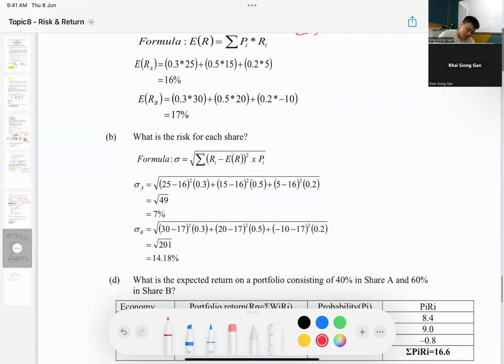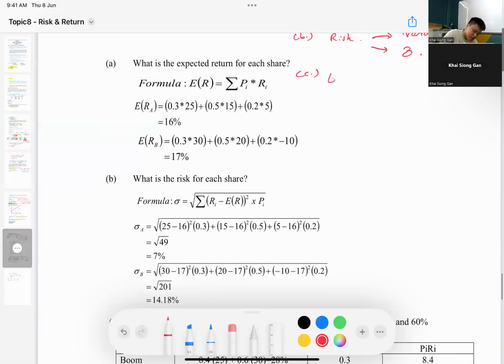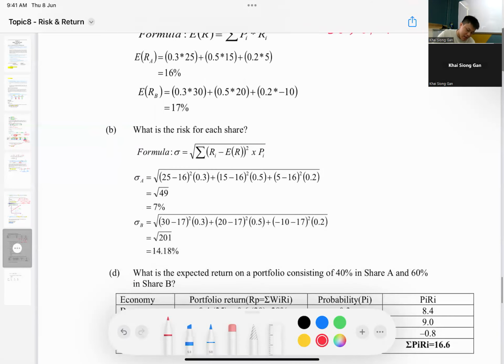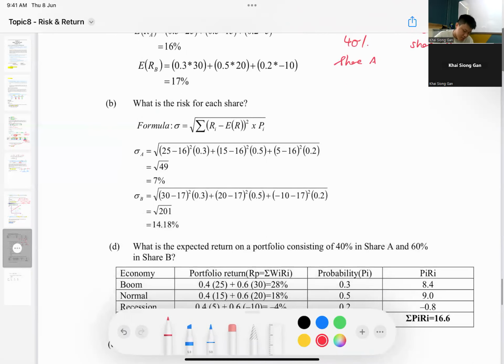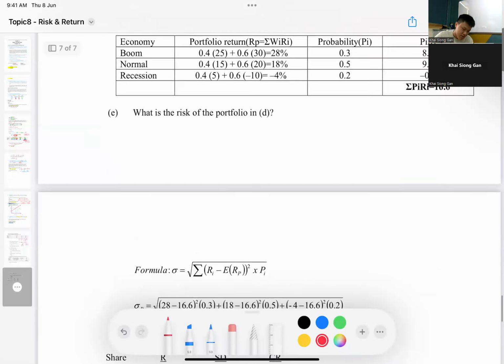assuming we are talking about the expected return of a portfolio. Let's say now we have 40% in share A and 60% in share B. So what is the expected return?